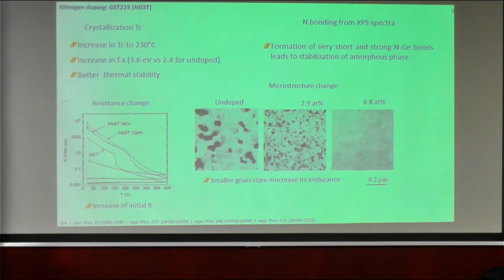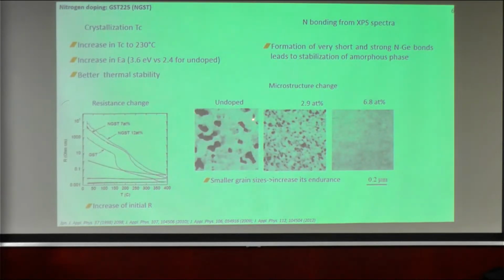It also changes the initial resistance of the doped material. So if you introduce like 12% or 7% of nitrogen into GST, then you see between one and two orders of magnitude of resistance change, which, as I said, is good for reset operation.